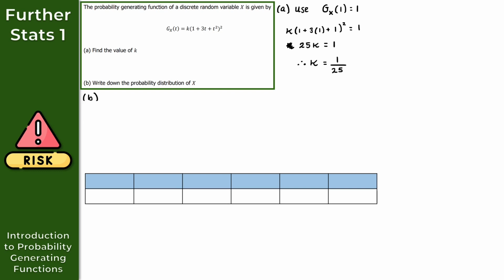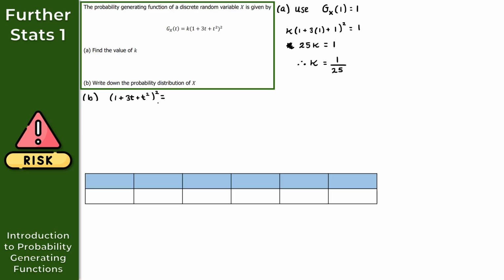So where do we begin here for part B? Well, for the probability distribution of x, what we need to basically do here is expand this bracket. So I've got 1 plus 3t plus t squared, all squared. Okay, so let's just start by expanding that. I've got 1 plus 3t plus t squared, and this here is squared.